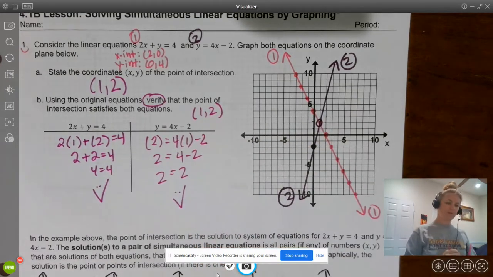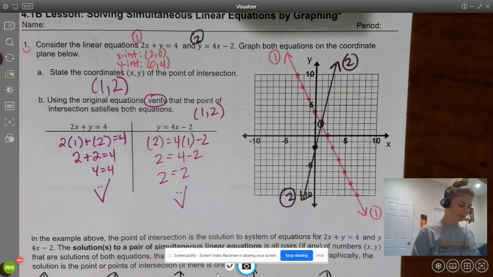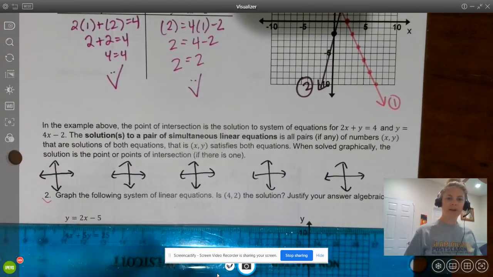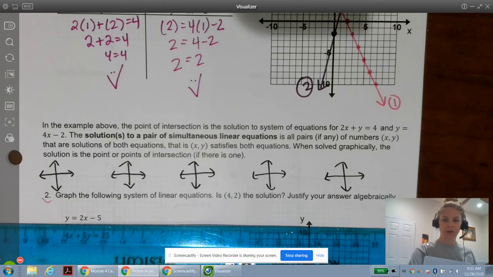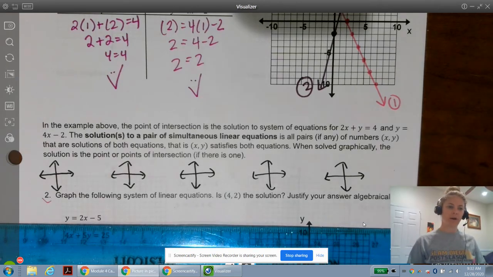Remember, when you are verifying, you're not doing any inverse operations to both sides. You're just simplifying down to make sure you get the same number on each side. Perfect. So in the example above, the point of intersection is the solution to the system of equations 2x plus y equals 4 and y equals 4x minus 2.